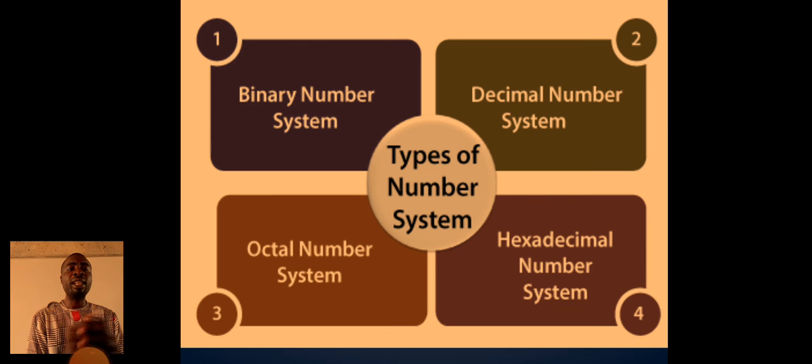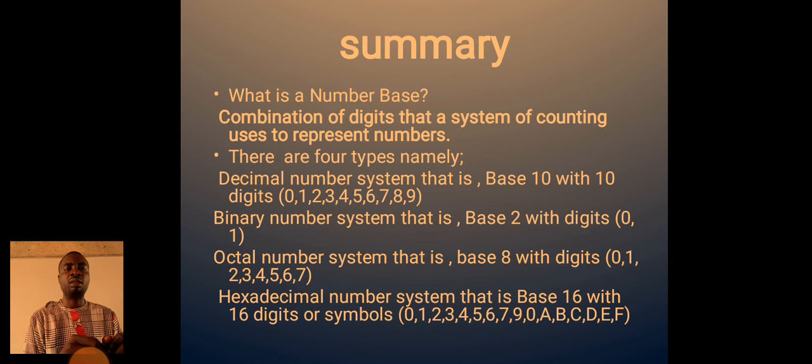Now summarily, we have the types of number systems: the binary system, the decimal system, the octal system, and the hexadecimal system. So what are number bases? Just the combination of digits that a system uses in counting numbers.